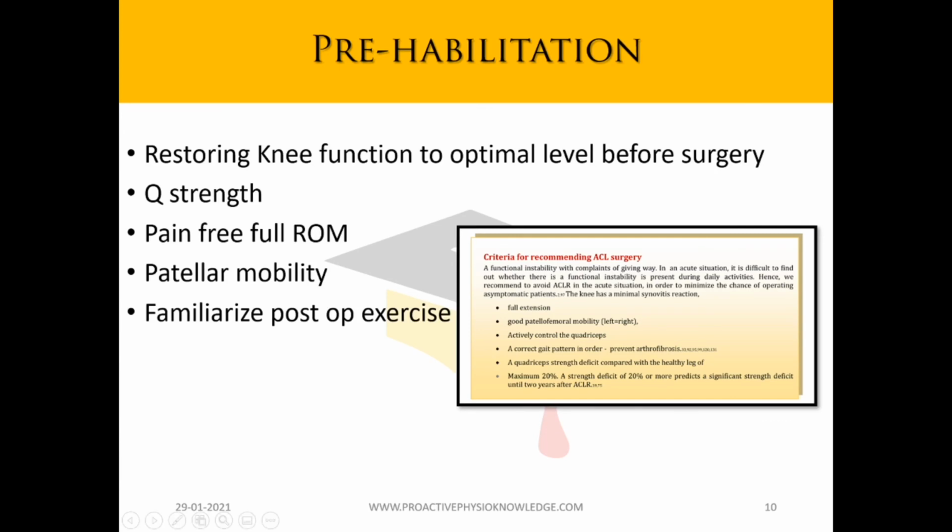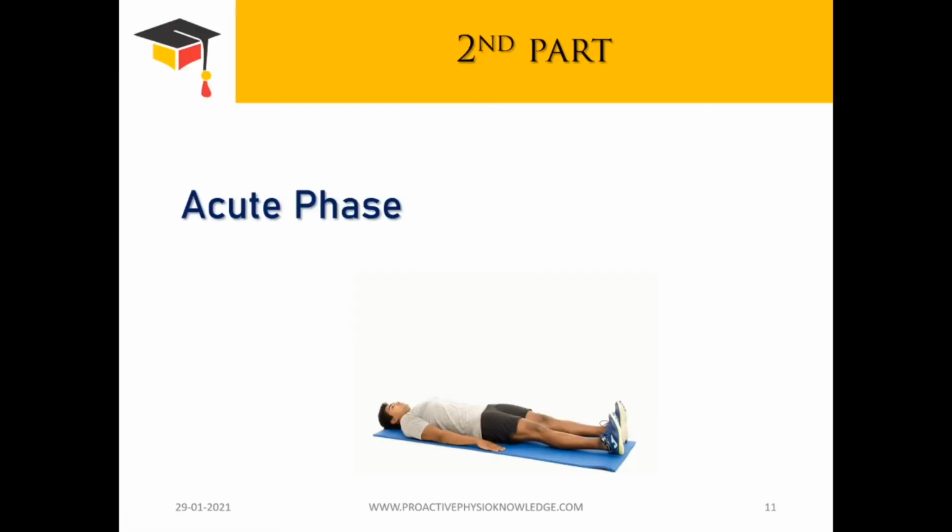On the right side of the picture, this is from my book, the criteria for recommending ACL surgery, that I explained over here. Now, in the next video, we'll talk about the acute phase of ACL injury.